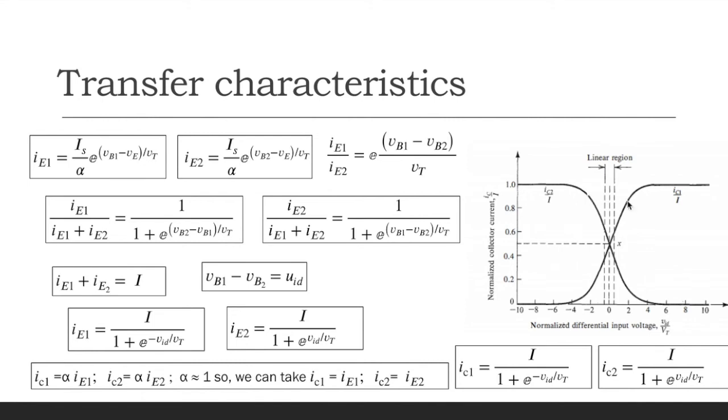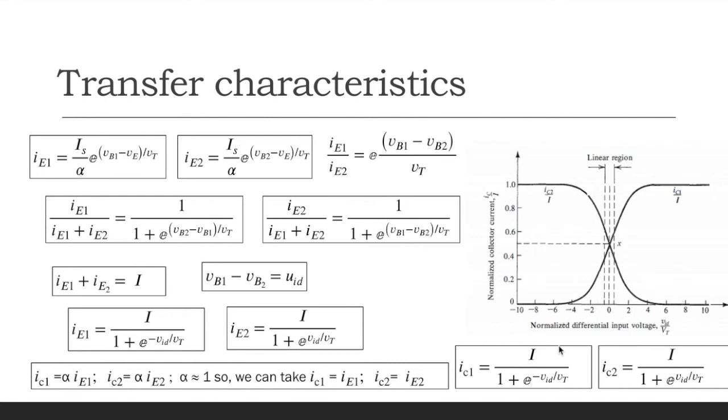When this transistor goes into the off state, the second transistor starts conducting and goes into the on state, right? So with this plot, we can conclude that a difference voltage of about 4 VT is sufficient to switch the current almost entirely to one side of the BJT pair, right?